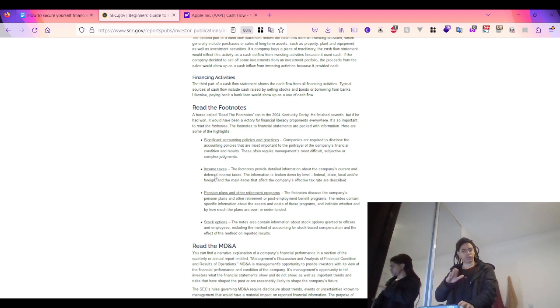So a stock option is a financial instrument that allows the owner the right, but not the obligation, to purchase an asset at a given agreed upon date and price.